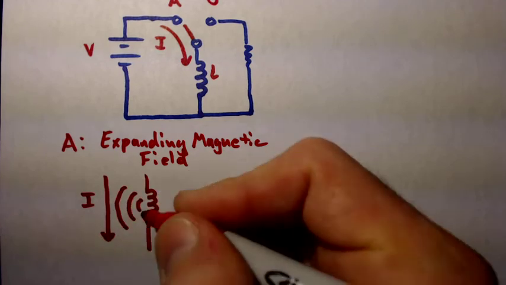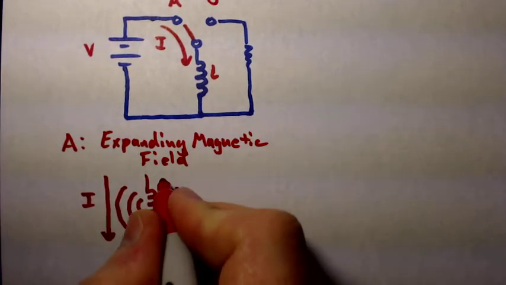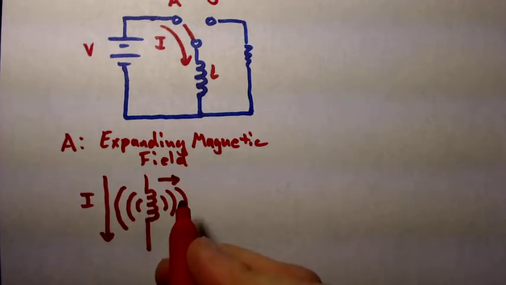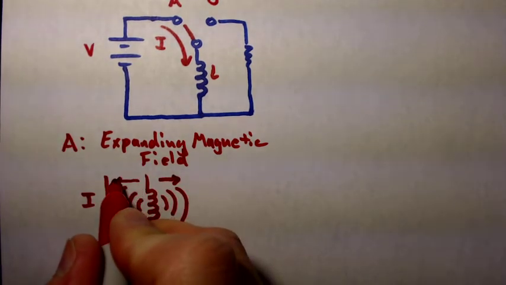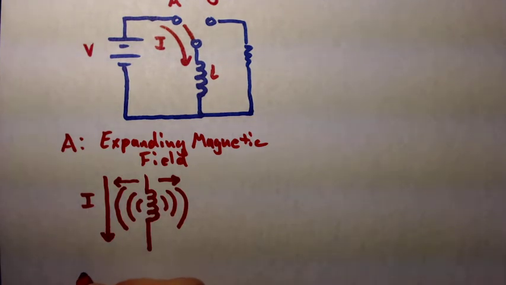And I'm going to simplify the way that I draw these magnetic field lines. And I'm going to say that they are moving outward. They're expanding. They're getting larger. We had zero current going through the inductor. Now we have some current going through the inductor. And so this magnetic field is growing. We have an expanding magnetic field. Now this happens whenever current is increasing.